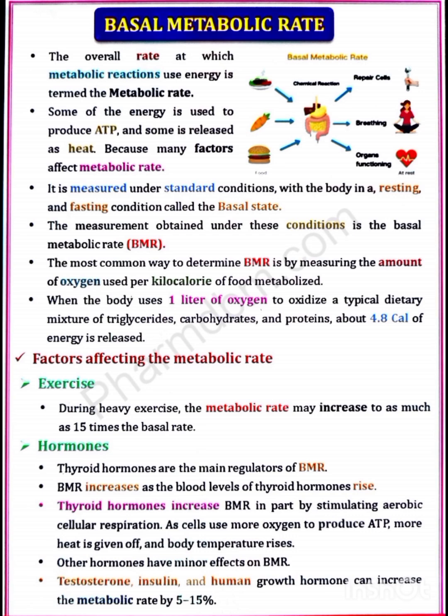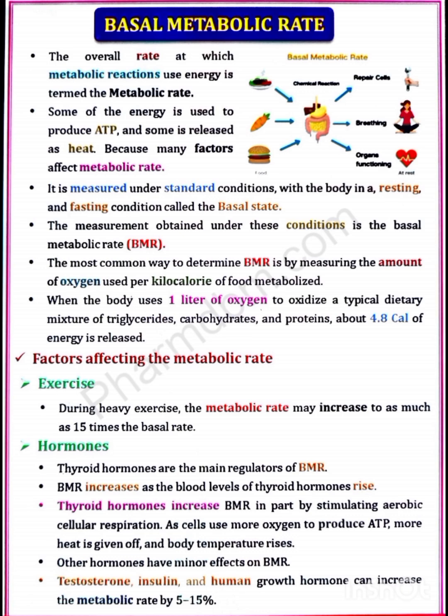Basal metabolic rate. The overall rate at which the metabolic reactions use energy is termed the metabolic rate. Some of the energy is used to produce ATP and some is released as heat. Many factors affect metabolic rate. It is measured under standard conditions, with the body in a resting and fasting condition called the basal state.